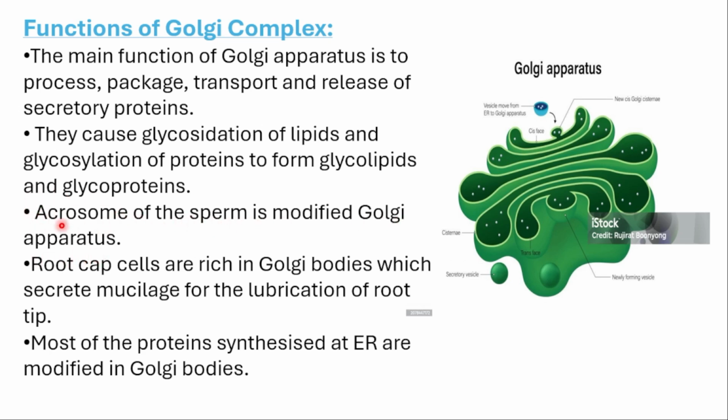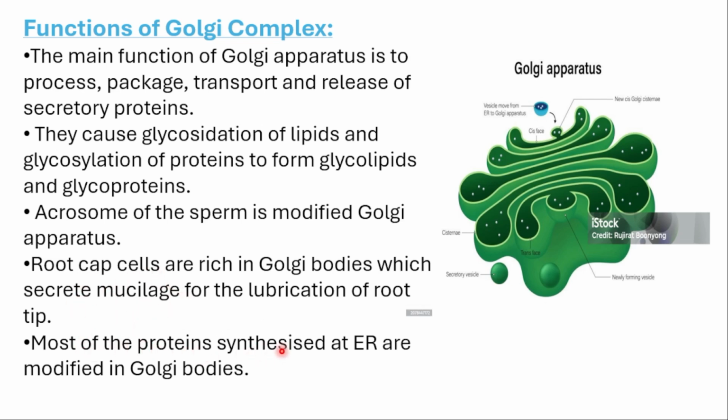Actually, the head part of the sperm is covered by the acrosome, which is a modified Golgi. Root cap cells are rich in Golgi bodies which secrete mucilage as a lubricant for the root. Lubricant means smooth movement of the roots in the soil. That is helpful when the Golgi bodies secrete the mucilage.